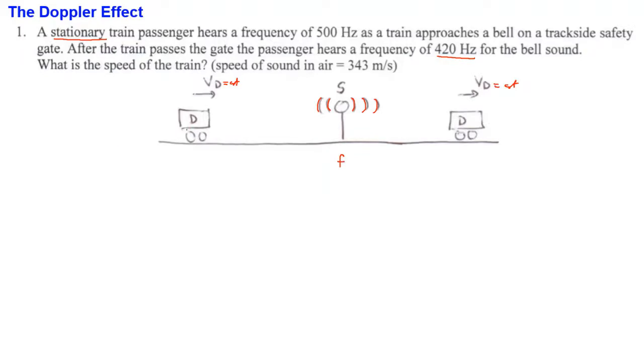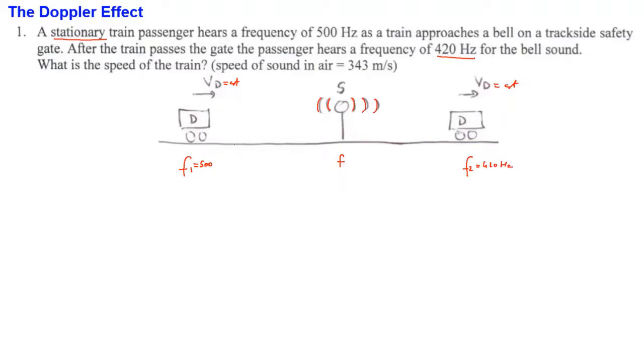Now, the frequency heard by the passenger depends on the speed of the train. So here, I will hear a frequency F1, which is 500 Hertz. And here I will hear a frequency F2, which is 420 Hertz.